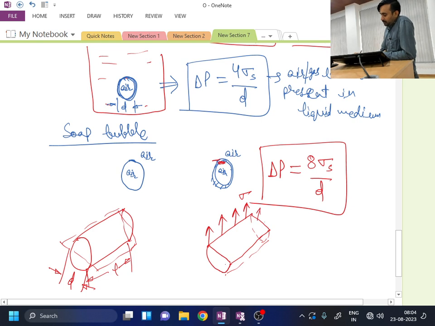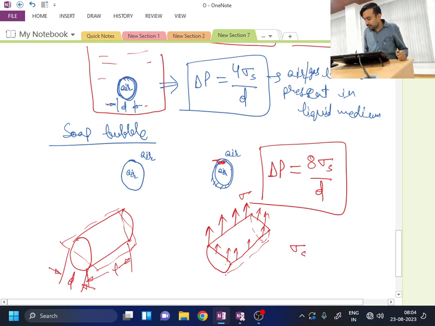So now can you tell me what will be the magnitude of surface tension force? Sigma S into LD. Where is surface tension force acting?